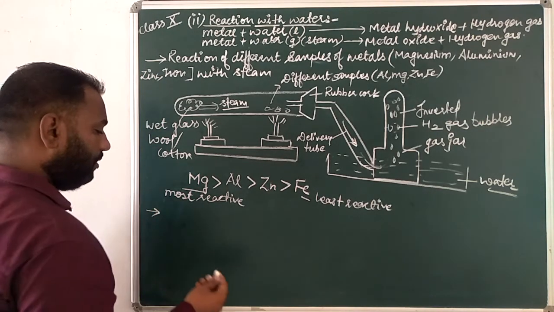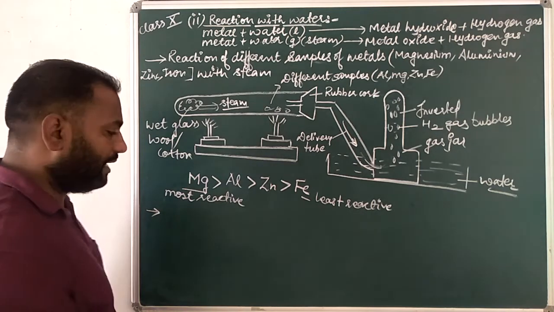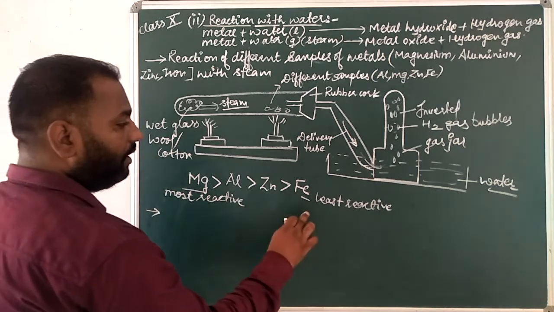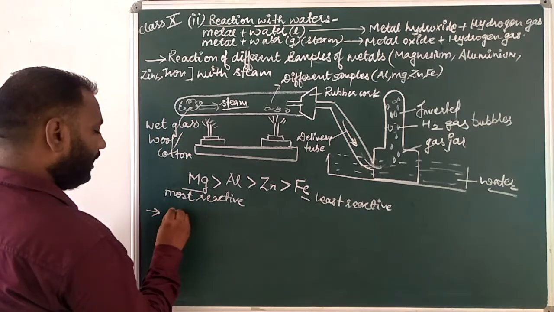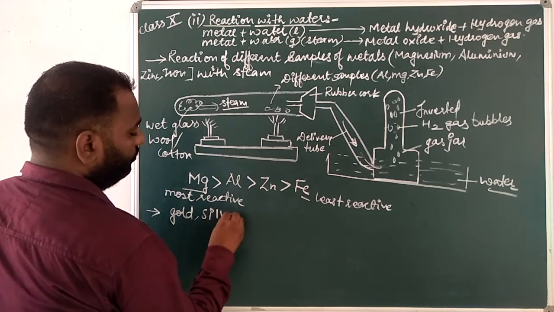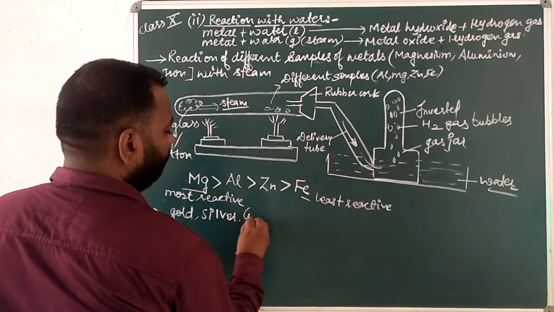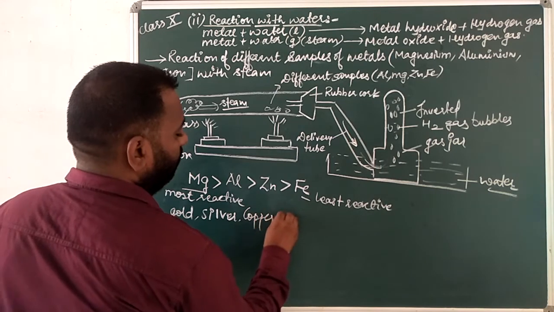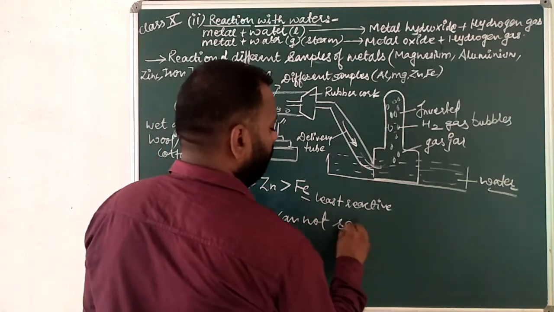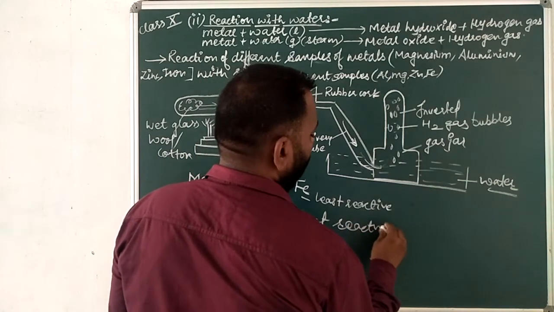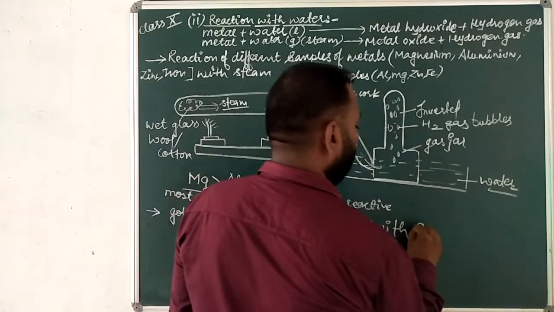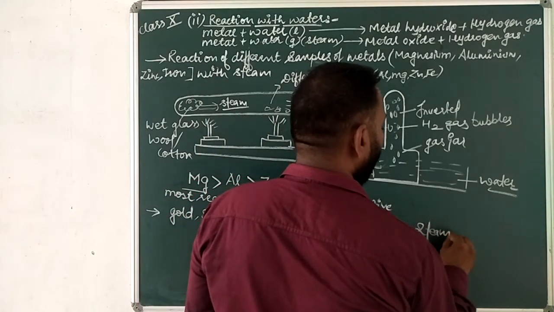Metals just below hydrogen, or near it, like gold, silver, and copper, cannot react with steam.